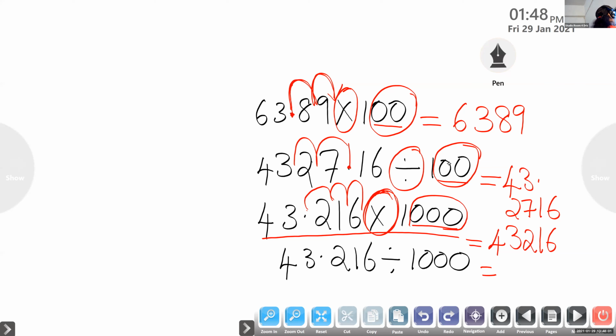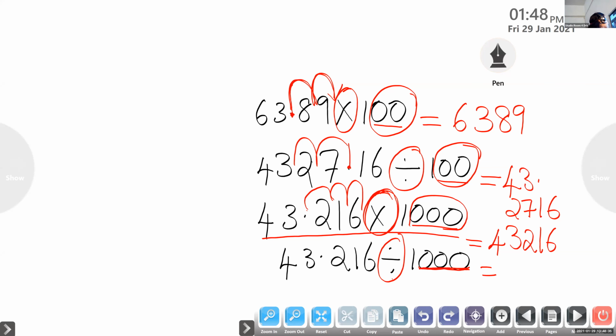Okay. Now next one, Richard. Same question, but we have to divide. Divide, and here 3 zeros. 43.216 is the question. We have to divide by 1000. Which side do you have to move? Is it divide or multiply? Divide. So which side? Left side.